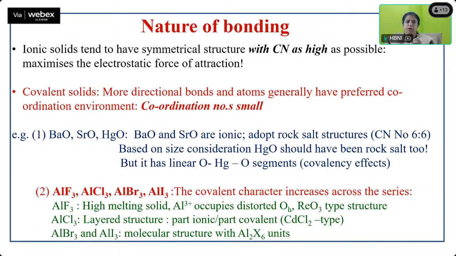Also, irrespective of what the counter cation's preference is, this particular atom will have its own coordination preference when it is forming a covalent bond. So the result is that covalent solids have very directional bonds, and the coordination number is smaller for them. They tend to adopt a structure where coordination numbers are not very large.